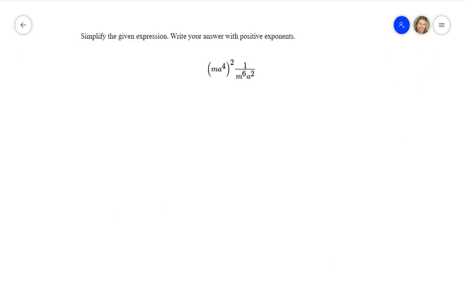Okay, so looking at this problem, the first thing I happen to notice is these parentheses, and they just kind of pop out at me. My brain is already programmed that when I see parentheses, it's like, do me first, that whole PEMDAS thing. So I'm actually going to take my MA to the 4th and square it. That would be rule number 3, the power to the power rule.